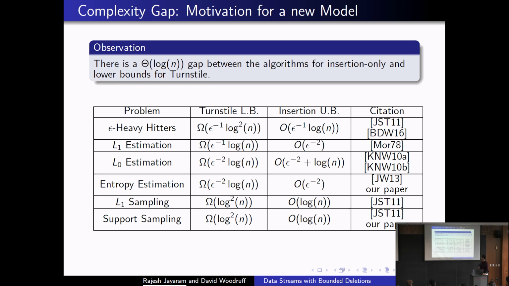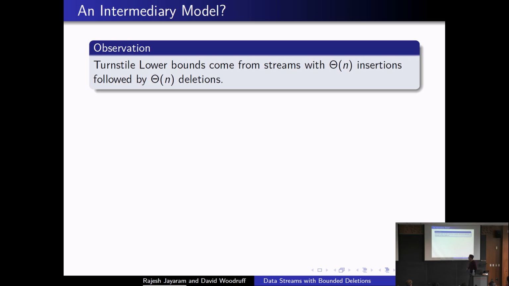I'm not going to get into quite how these lower bounds come about, but the essential idea is that you have some stream, and you insert a large number of items, so that at the end of the day the L1 mass is about n, order n or poly n, and then you delete almost all of them, at least an n fraction of them.